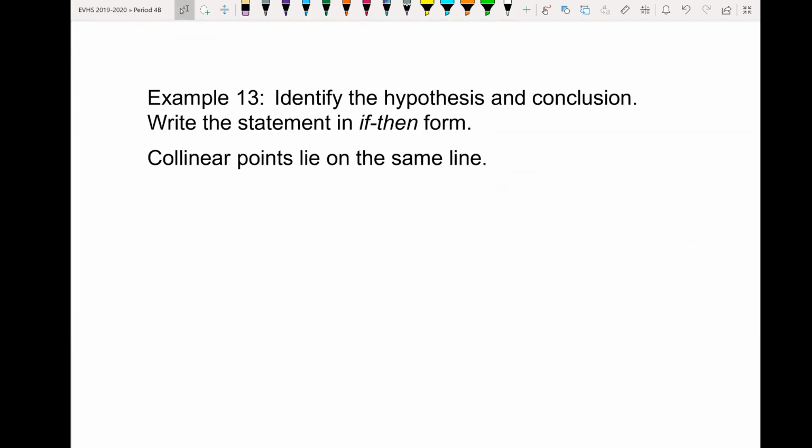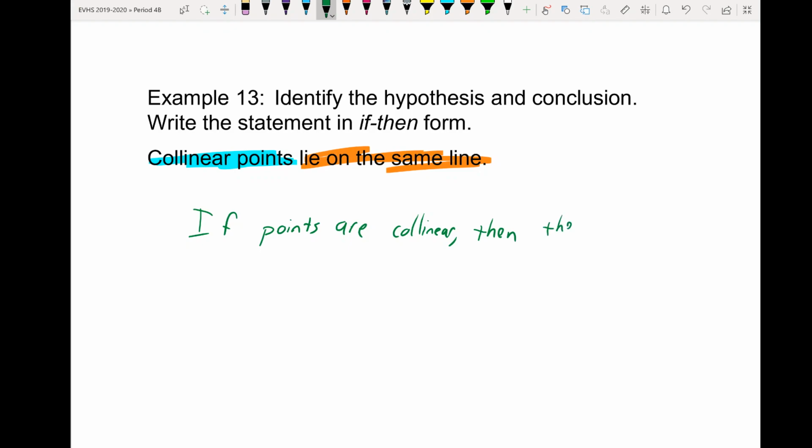Collinear points lie on the same line. What's our hypothesis? Collinear points, and then lie on the same line. So, if there is collinear, okay, I know we can get weird here, right? If points are collinear, then they lie on the same line.